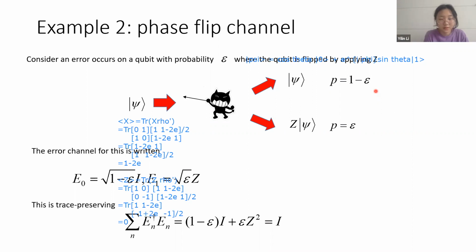Oh, I think that when epsilon is 1 it's pretty much like the measurement, where we are sure that we'll do the measurement and get a result as expected.